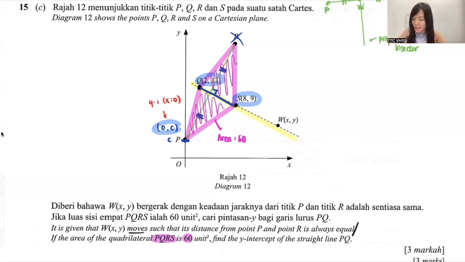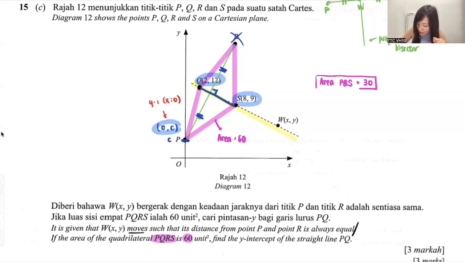So if they are same size, my dear, that means the area for one side, let's say PQS, will be 30. Understand now, my dear? The whole pink color supposedly is 60. But because you tell me W moves up and down equally, so they equal, that means they are perpendicular bisector, so they will cut the whole pink color to half. So the left side, right side, 30, 30 each side.